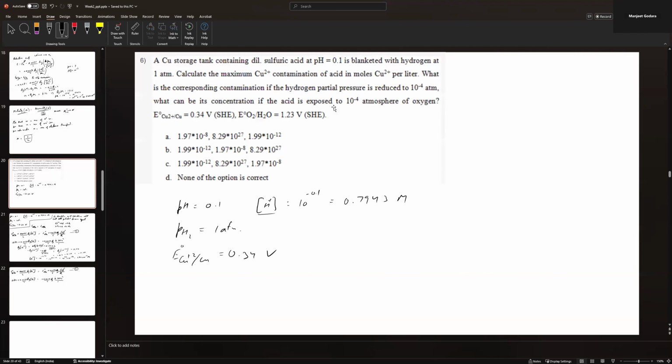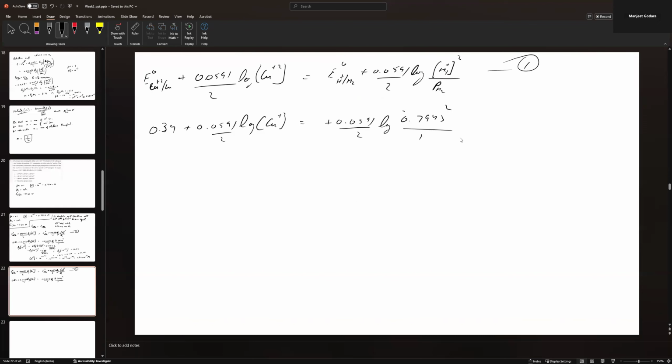The partial pressure of hydrogen is reduced to 10 to the power minus 4. So instead of 1, here you get 10 to the power minus 4, and you solve the whole thing again. You should get Cu2+ equals 8.29 into 10 to the power 27 molar.